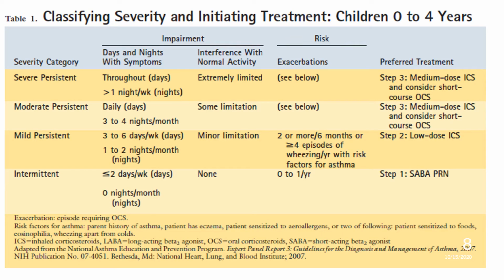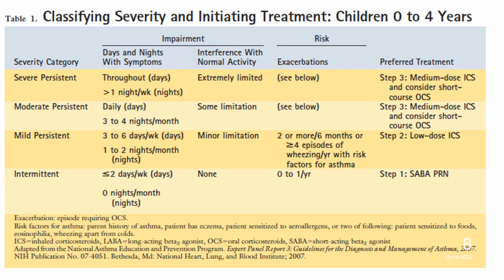I wanted to share with you 4 different charts. These charts were adapted from the National Asthma Education and Prevention Program, which is part of the NIH. They talk about classifying severity, and they talk about initiating treatment.